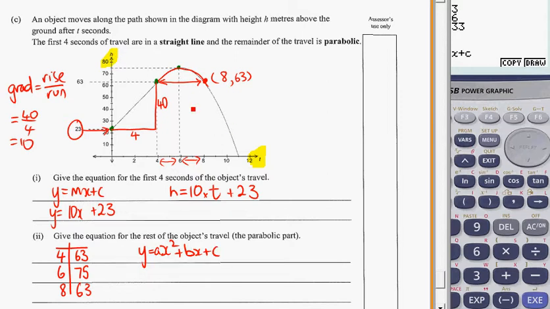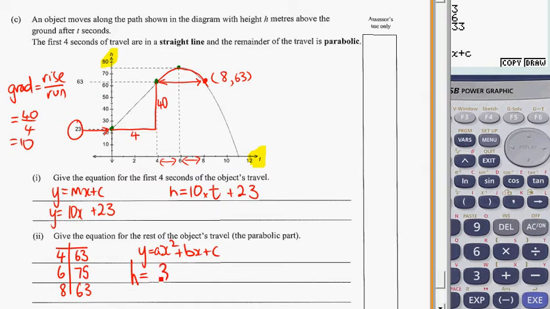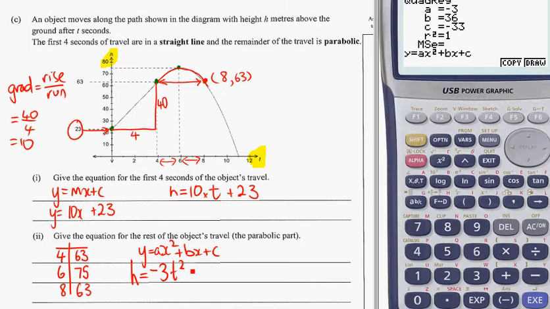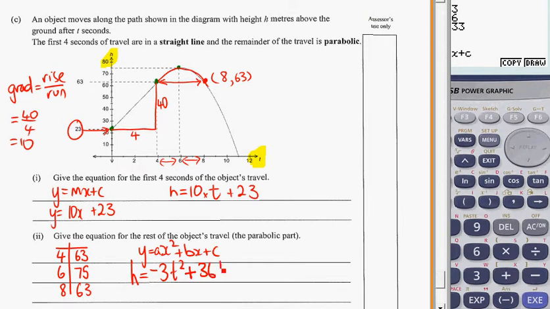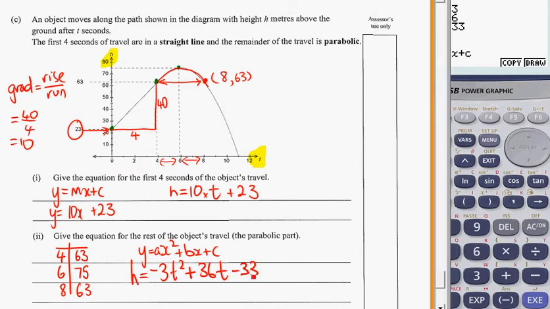Using the lettering that they've used again, instead of a y we use h for height. Now the value of a was -3. X we're using t. Let's check B. B is 36. And C is minus 33. The negative is good because it's an upside down parabola, so we'd be expecting a negative value. It's negative.